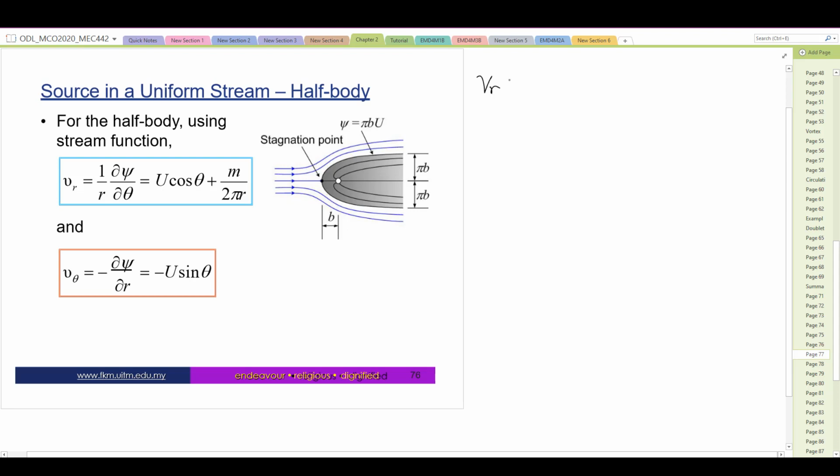V_r equals 1 over r d psi over d theta, and V theta equals negative d psi over d r. Since we have psi, we just differentiate psi. Before, psi equals U r sine theta plus m over 2 pi theta. So differentiate with respect to theta.